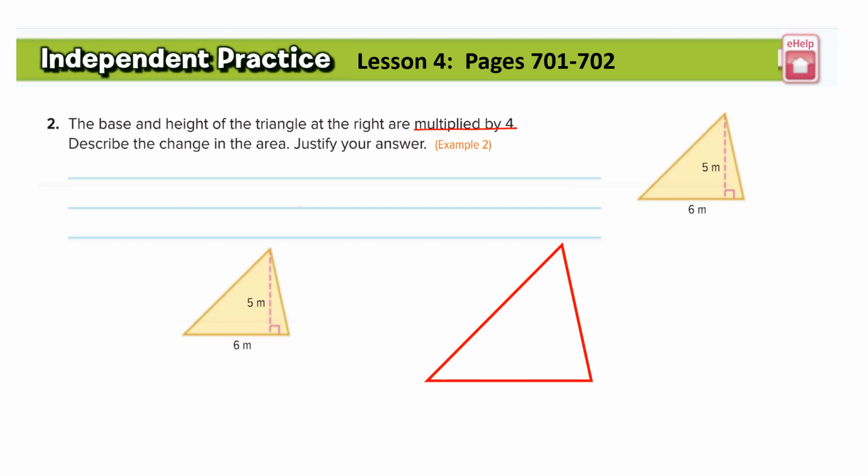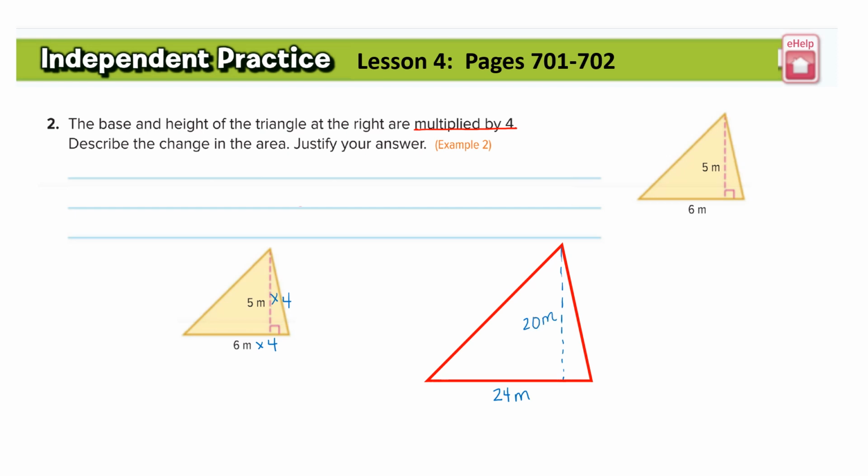Okay, so I'm going to multiply 6 times 4, and that's going to give me 24 meters. And 5 times 4 is going to give me a height of 20 meters.